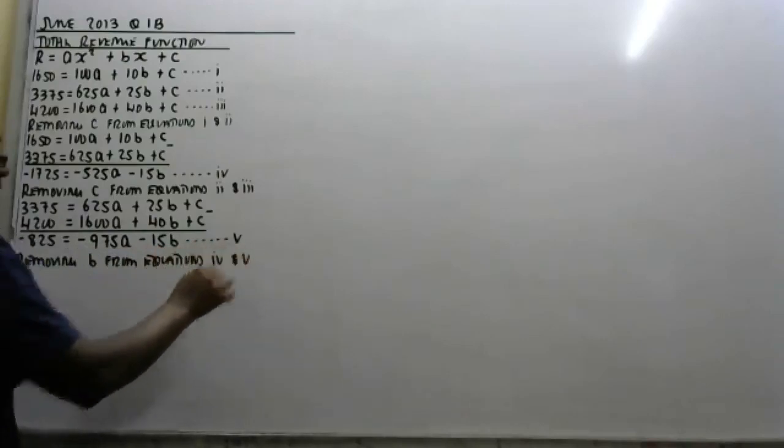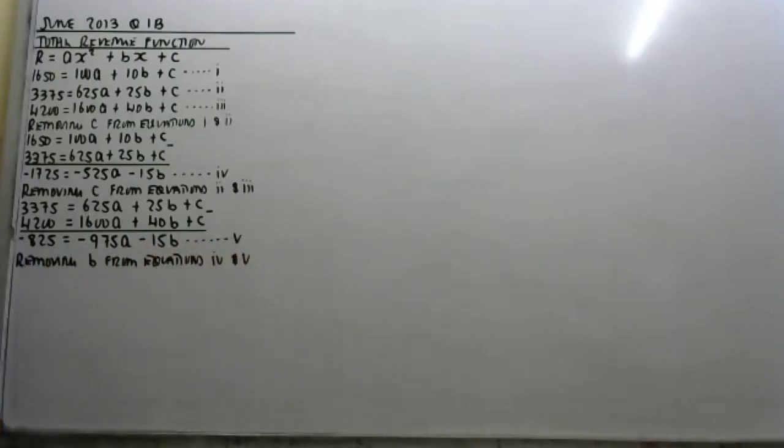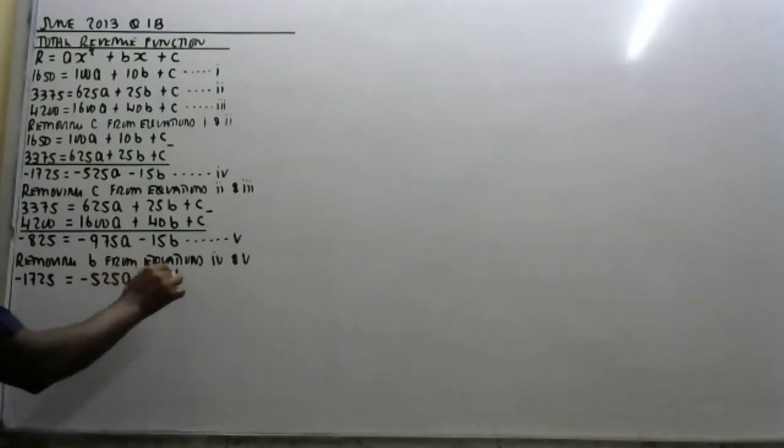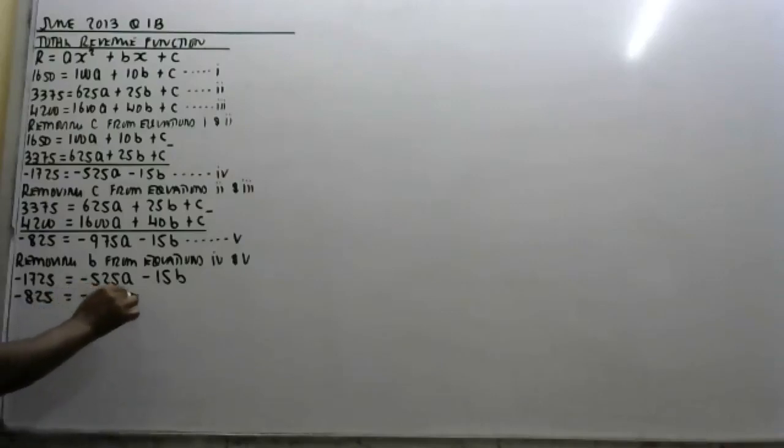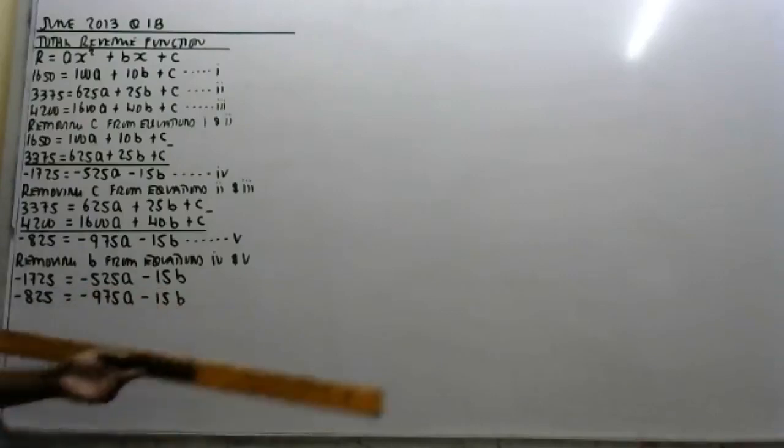4 and 5. From equations 4 and 5, we have minus 1725 being equal to minus 525A minus 15B. Minus 825 is equal to minus 975A minus 15B.